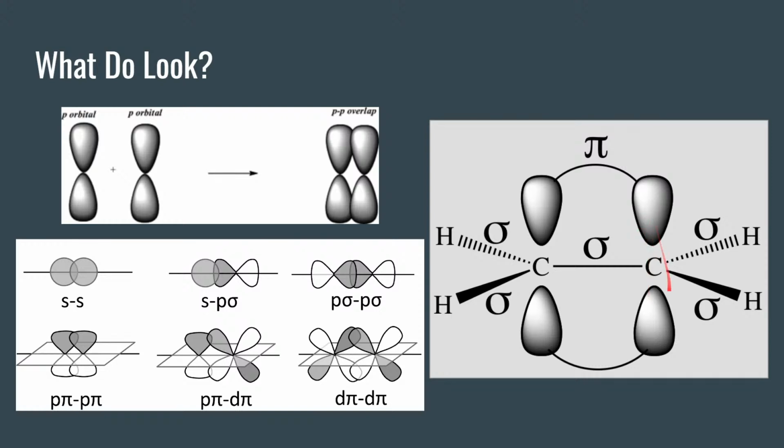It is both above and below the molecule at the same time, and the electron density of the pi bond is located up here and down here at the same time. Remember, like I said, electrons are weird. They can be in multiple locations at once. In this case, they are above and below at the same time, whereas the sigma bond is located entirely directly between the two atoms.